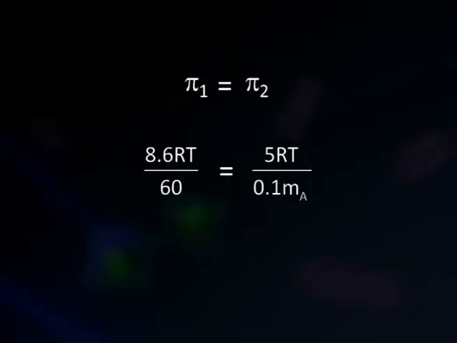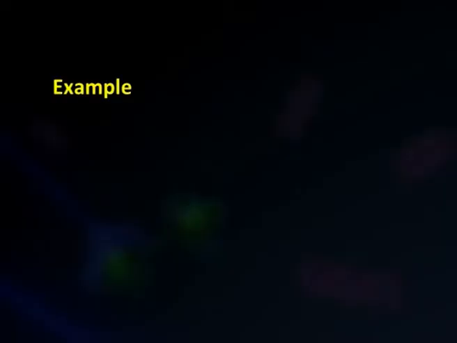Therefore, the osmotic pressure of the unknown solution will be equal to 5 RT upon 0.1 into its molecular mass. On equating, we will get the molecular mass of the unknown solute, which is equal to 348.9 grams per mole. Let us discuss another example.